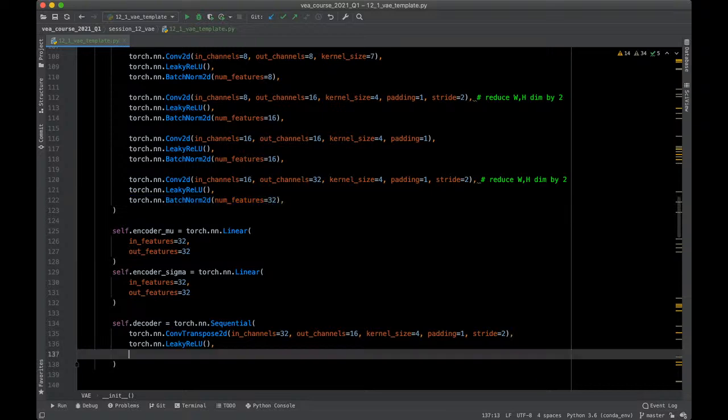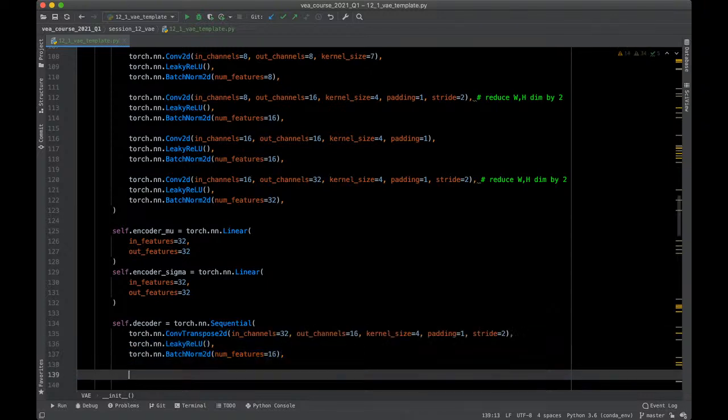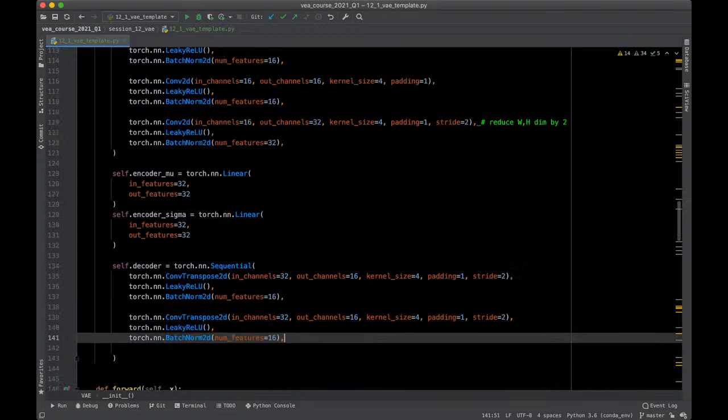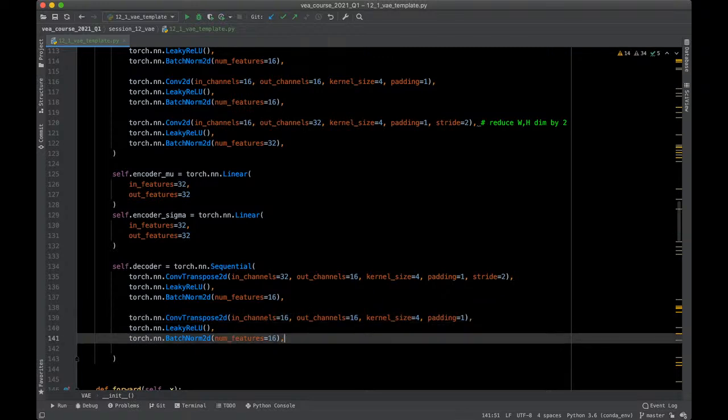At the same time, again, nothing magical, leaky ReLU does not solve all other problems. So there is then 16 to 16, kernel 4, padding 1, and 16 as an out here. So that will be cool.